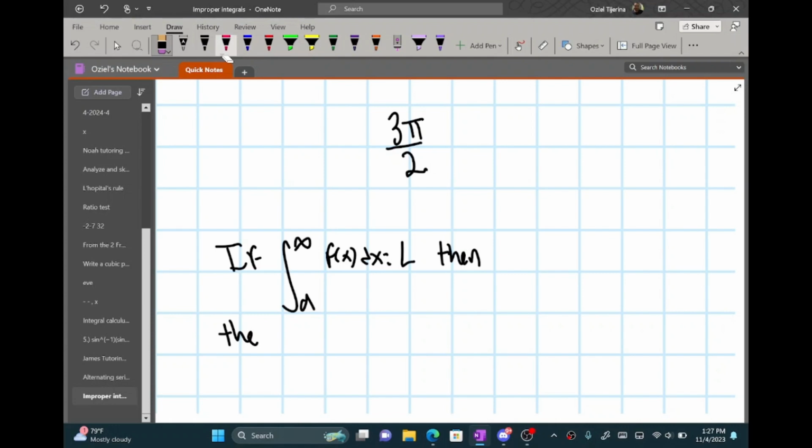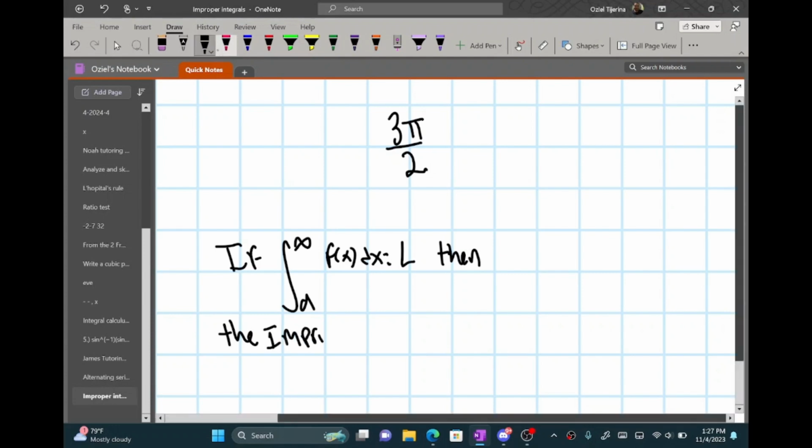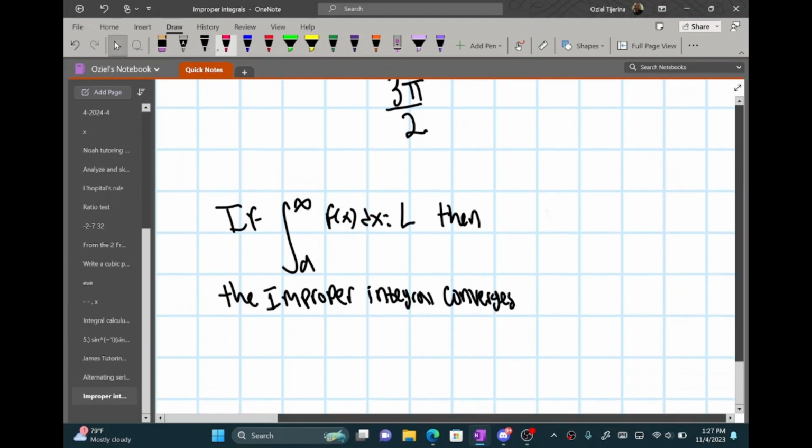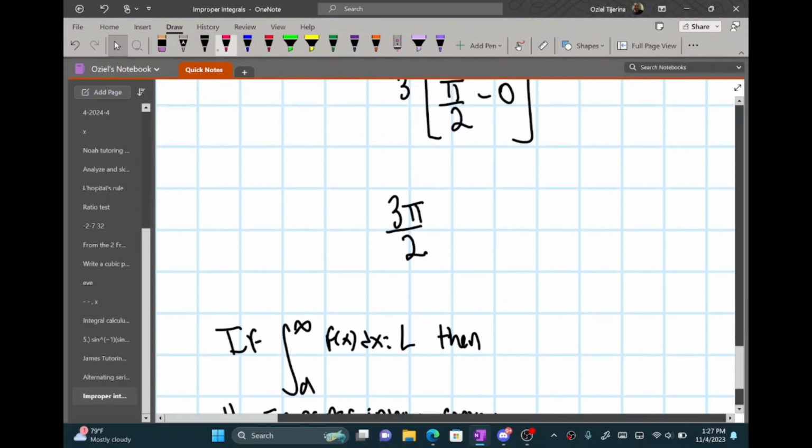I think. We're not going to go more into it until another video, but this is just one of the rules. And if I am wrong, somebody please correct me. I do think this is what it is, but this is just an introduction to improper integrals.